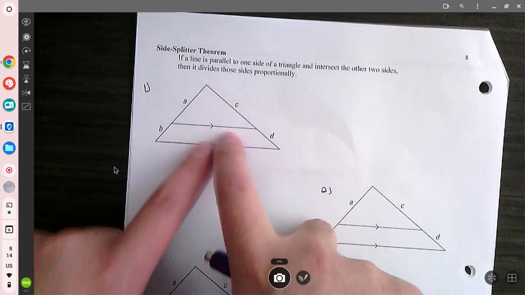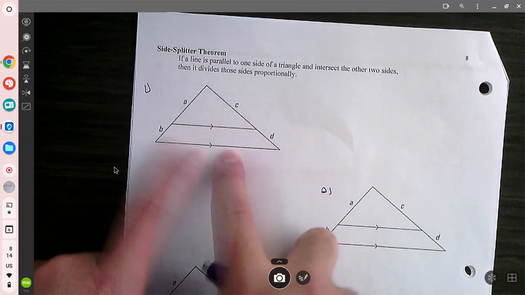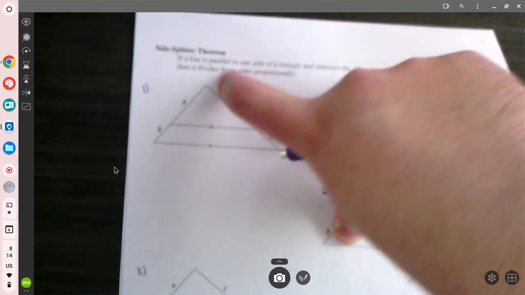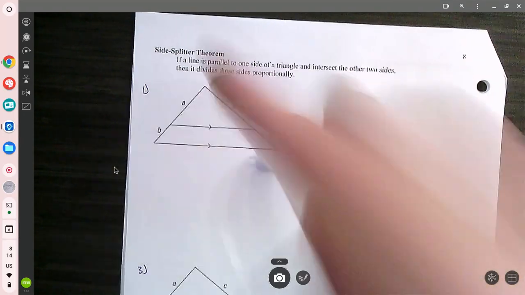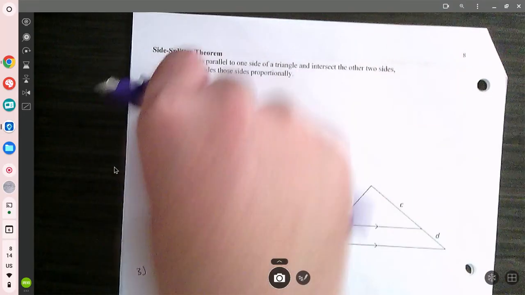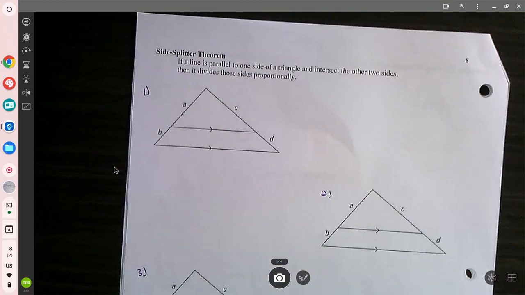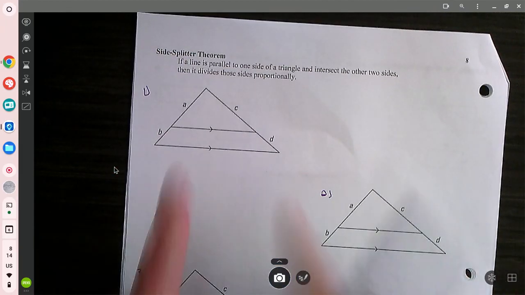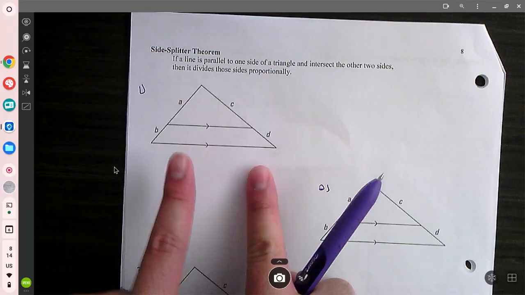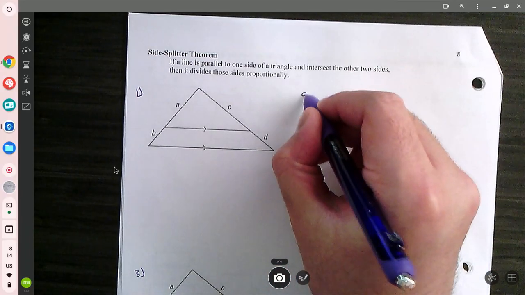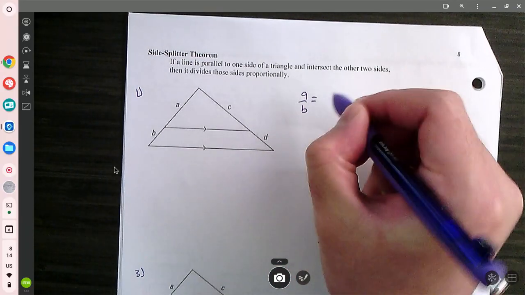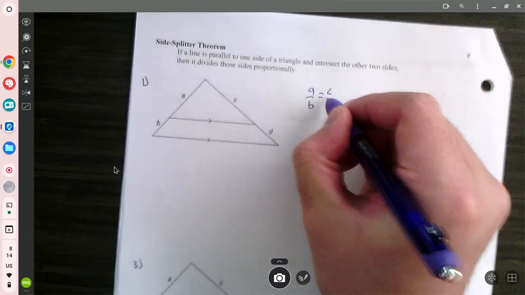We dilate this middle line to this outside line from this top point. When we do dilations, we can set up proportions with the side lengths that we have. So the first proportion that we can set up is A over B must be equal to C over D.